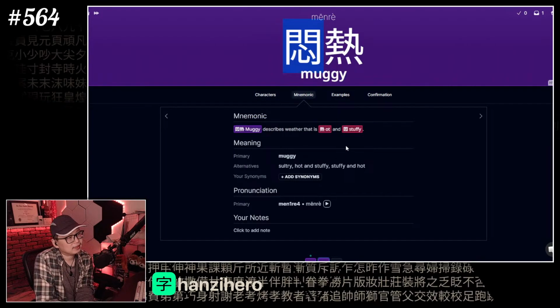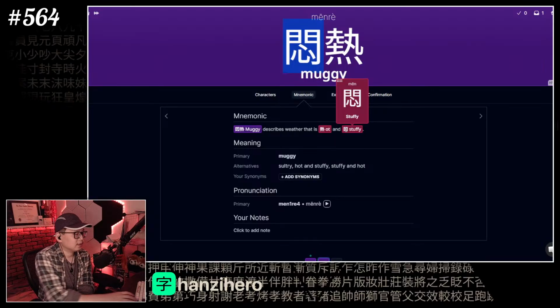Yeah, or hot and stuffy, that's fair enough. There's a missing letter there. But stuffy, yeah, 闷 is tough. It does look like 闷 with just the door, though. Like 闷.